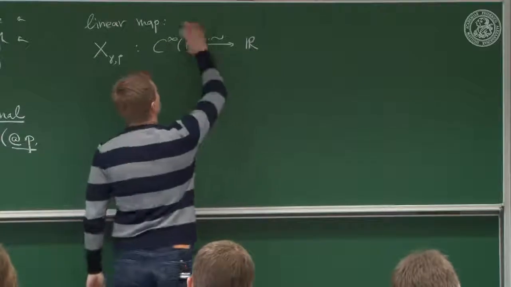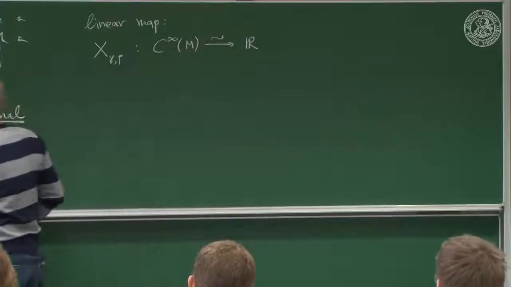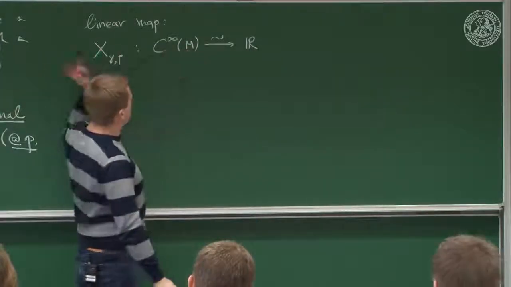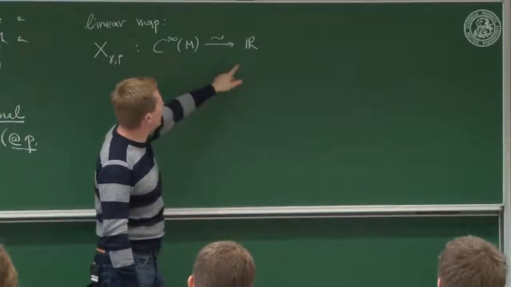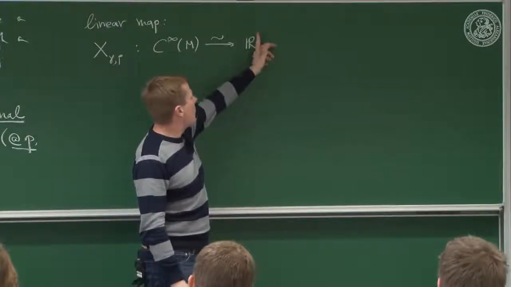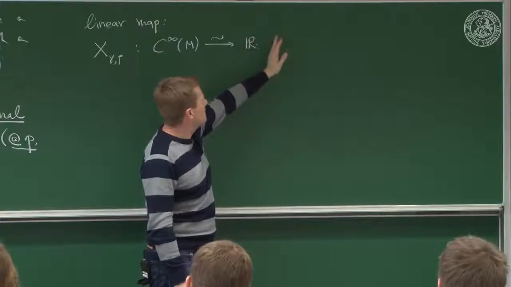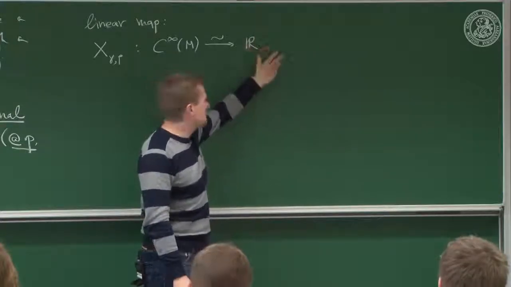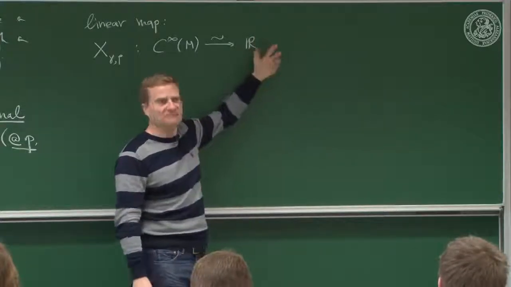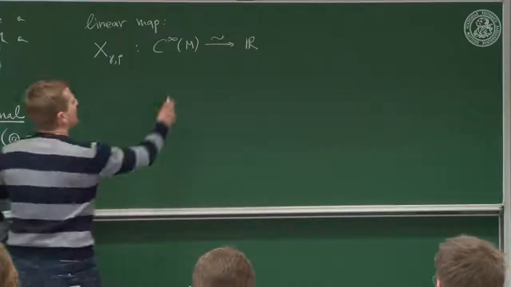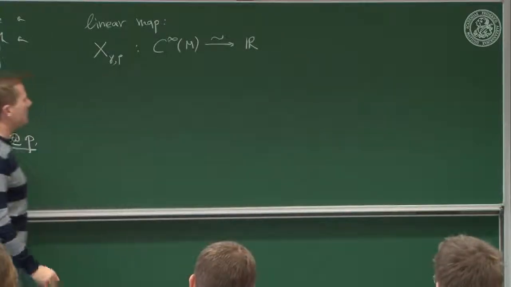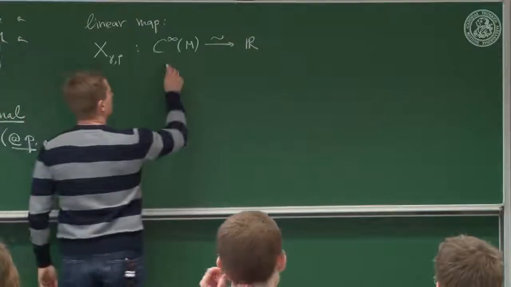So both of these come with their additions. This C infinity M comes with this plus and S multiplication just defined. This R, the R1, comes with the vector addition and S multiplication, which coincide with the field addition and multiplication. Anyway, this is a linear map, and the linear map is defined as follows.